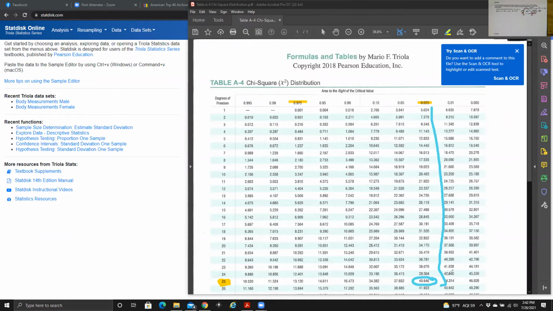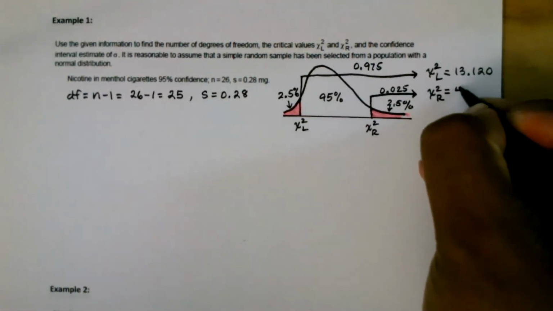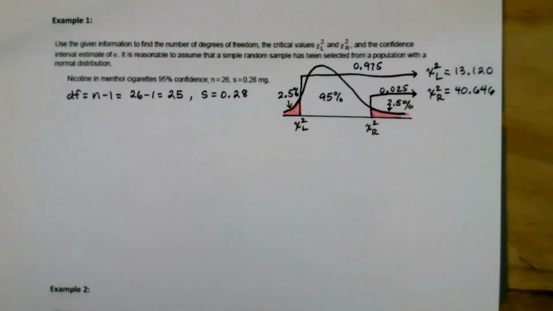That's going to be the chi-square value on the right, which is 40.646. Okay. So the chi-square value on the right would be 40.646.